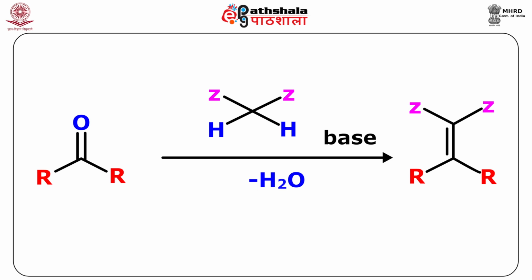So, this will be successfully generating the alpha carbanion, and that will be again being held by the 2 electron withdrawing groups in the active methylene compounds. So, now the combination of the alpha carbanion and the aldehyde or ketone molecule will be feasible.